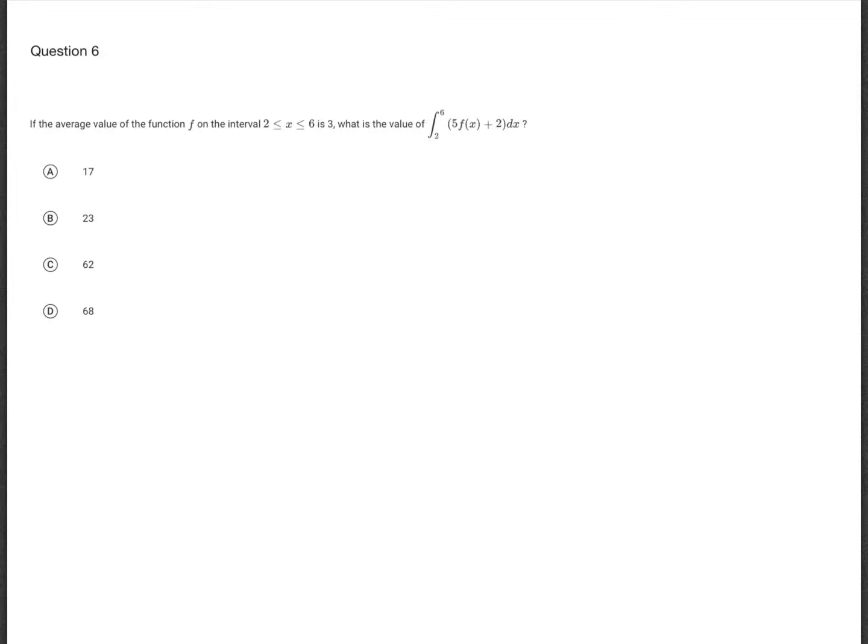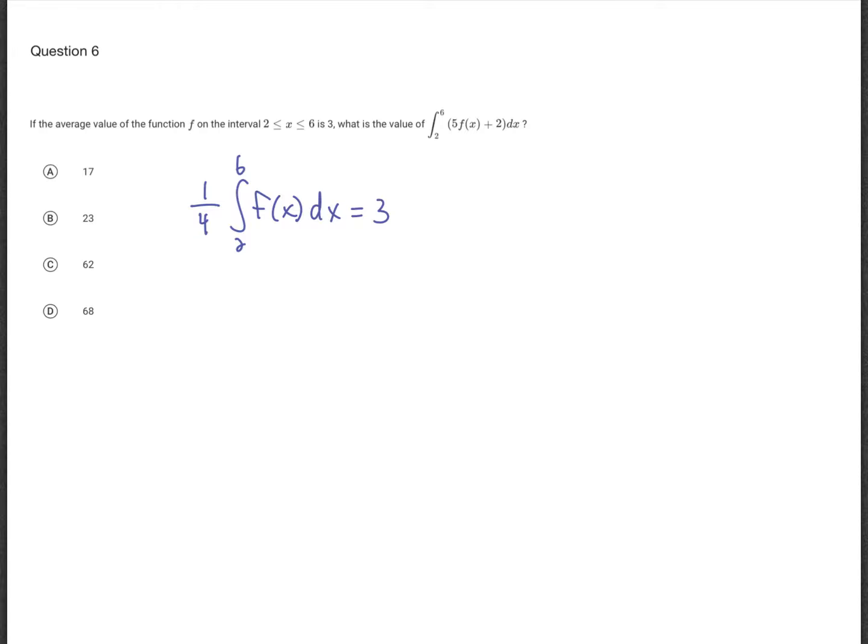The average value of f on the interval from 2 to 6 would be 1 over b minus a, that's 1/4, times the integral from a to b of the function. Okay, that's the average value, and they say this equals 3. Okay, let's leave that for now. We'll see what to do next.